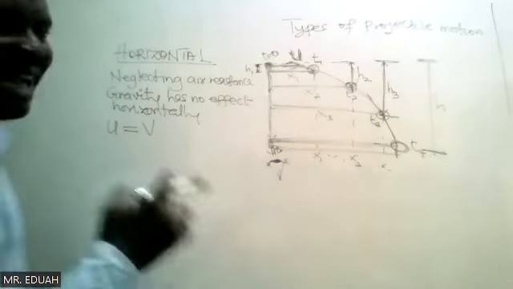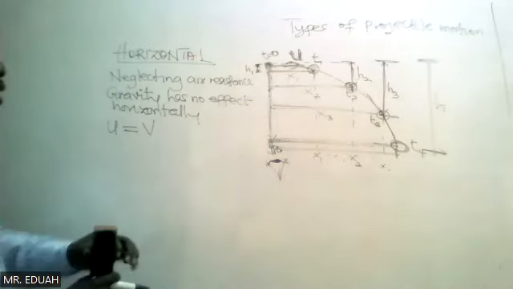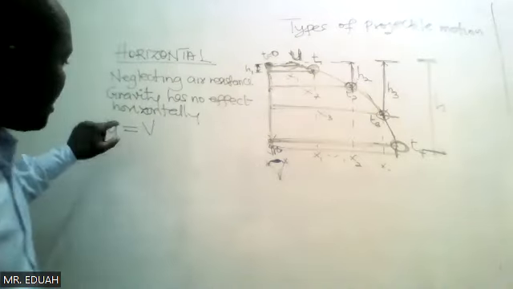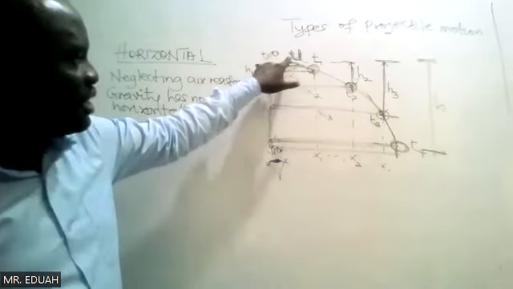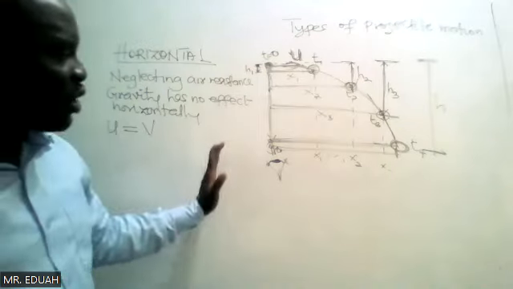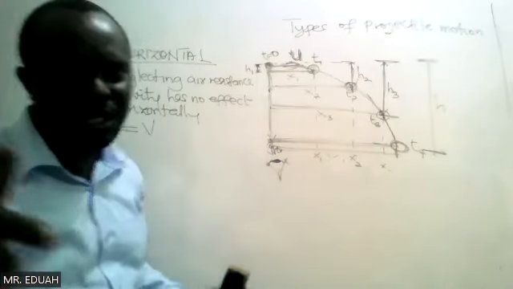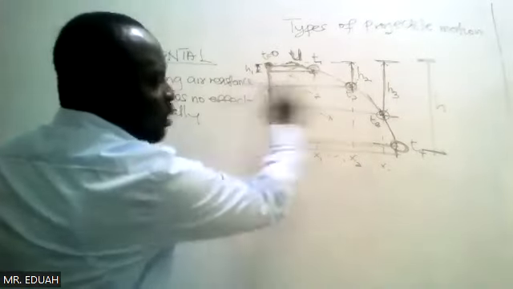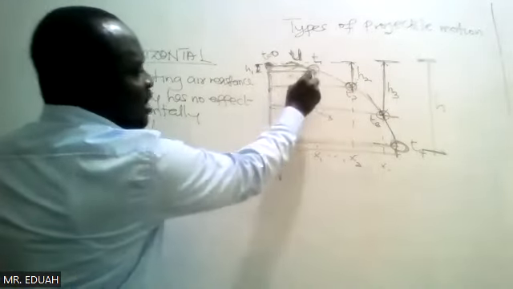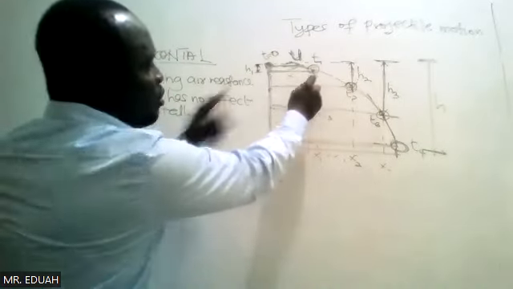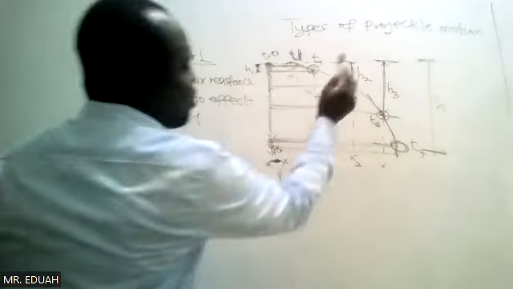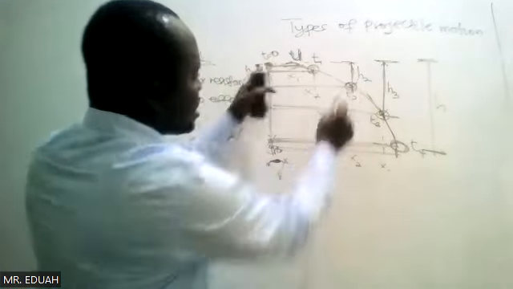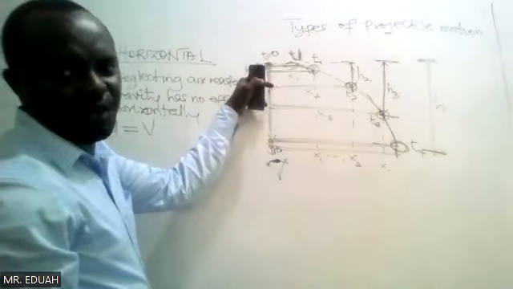Under projectile motion, when you look at horizontal analysis, the initial velocity of the body, u, is equal to the final velocity. What I'm saying is that when the body gets here, so long as we are looking at horizontal analysis, the velocity of the body horizontally will be equal to the velocity of projection.